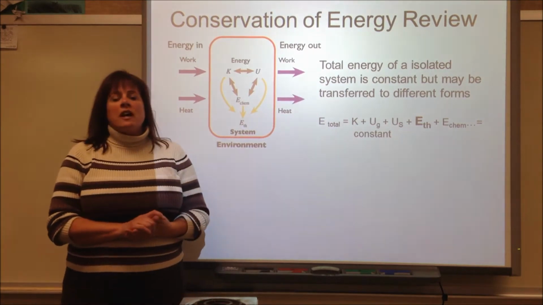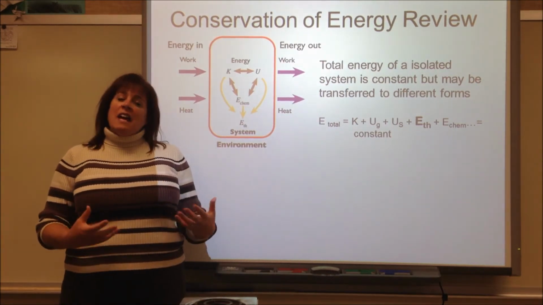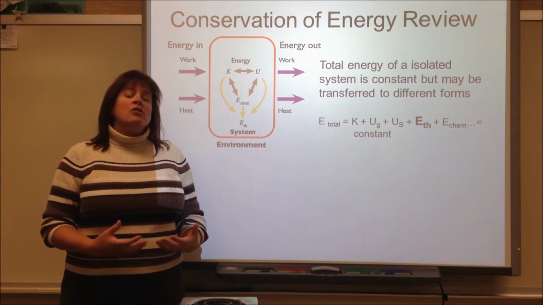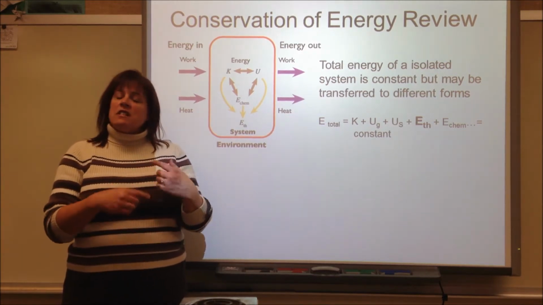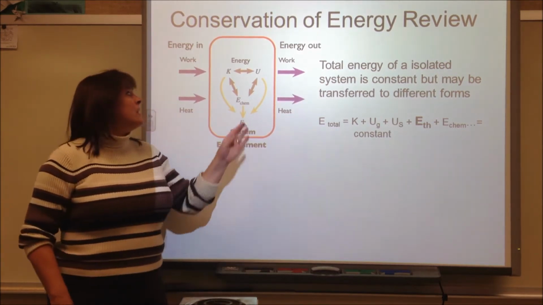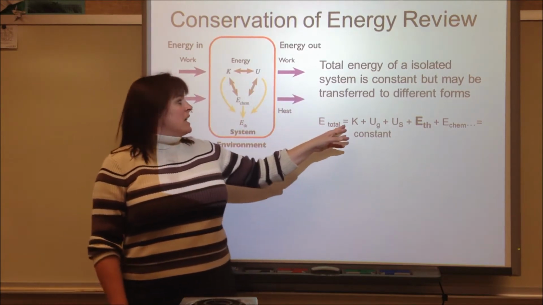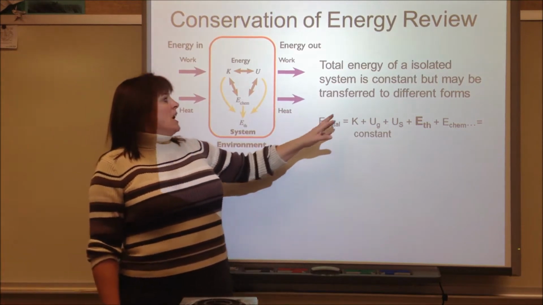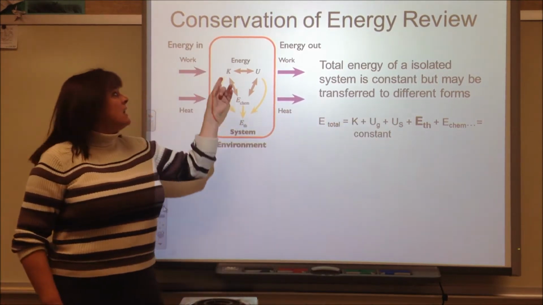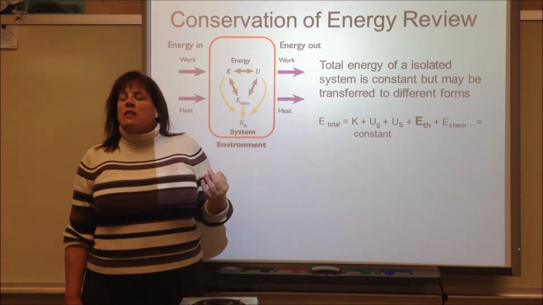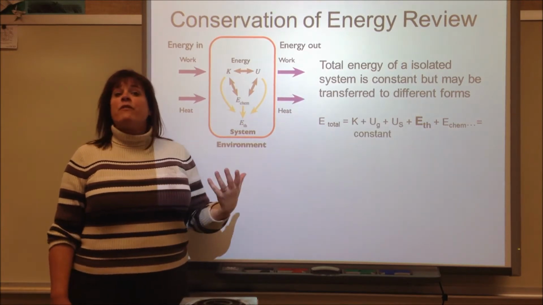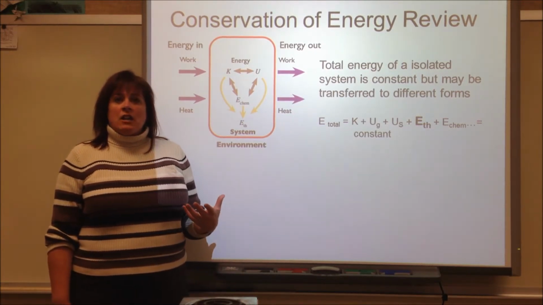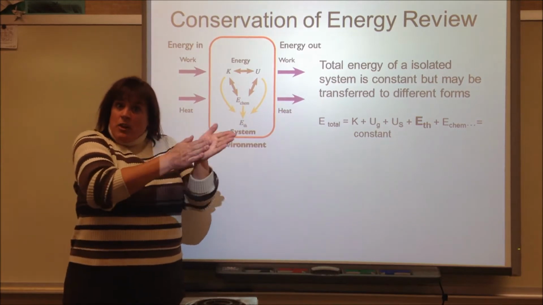So first, let's review conservation of energy. Remember that last semester we talked about the fact that the total energy of a system is constant. It just gets converted from one form to another. Our forms of mechanical energy, kinetic, gravitational potential energy, spring potential energy, those are our mechanical energies. They can interconvert, but in the presence of a force like friction, we lose mechanical energy and we generate thermal energy, right?